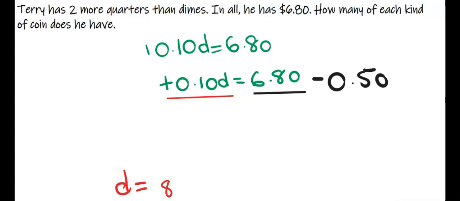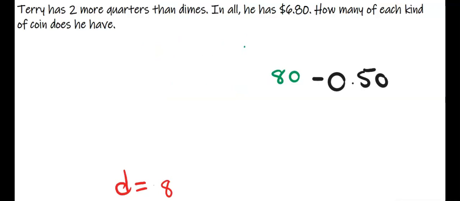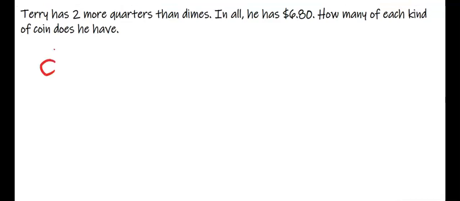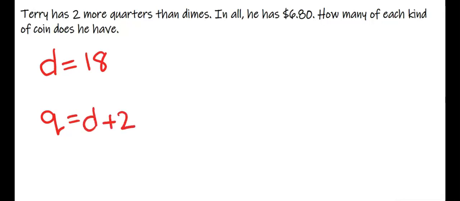So if we look back at the equations we made, you'll notice that we wrote an equation and it was Q is equal to D plus 2, meaning that the amount of quarters is equal to the amount of dimes plus 2.